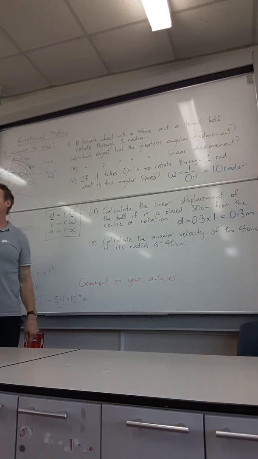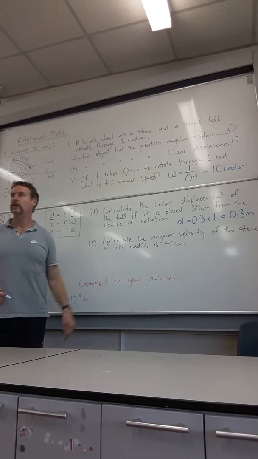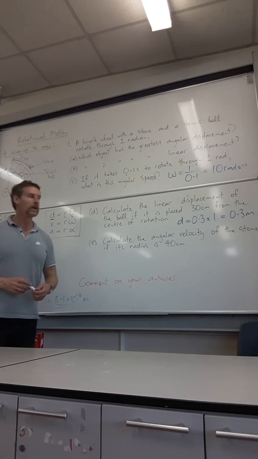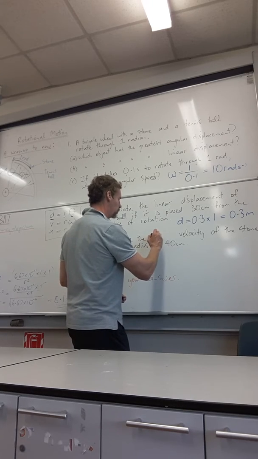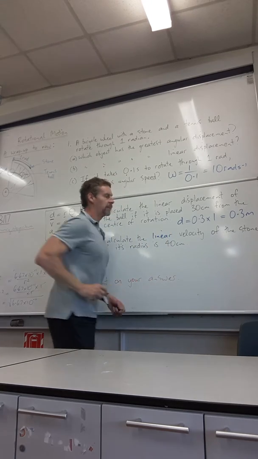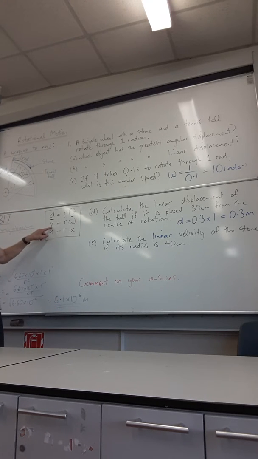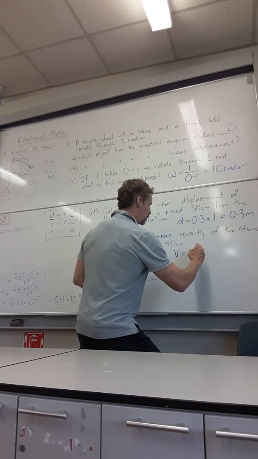What about the angular velocity? So now, the angular velocity of the stone, if its radius is 40 centimetres. So what's the formula for, I'll calculate that. Oh, I'm a silly Billy. I actually meant, what is the linear velocity? Sorry, most of you probably haven't had a chance to look at that. So if I wanted to know the linear velocity of the stone, what's my formula? v equals r omega.